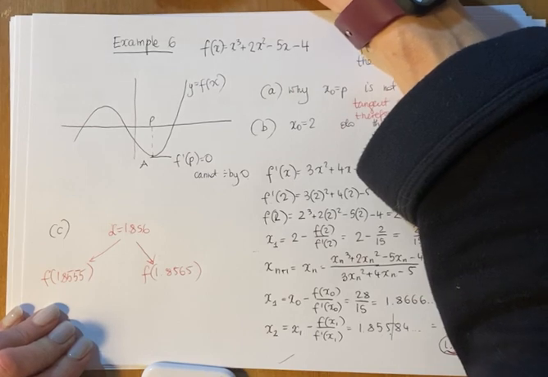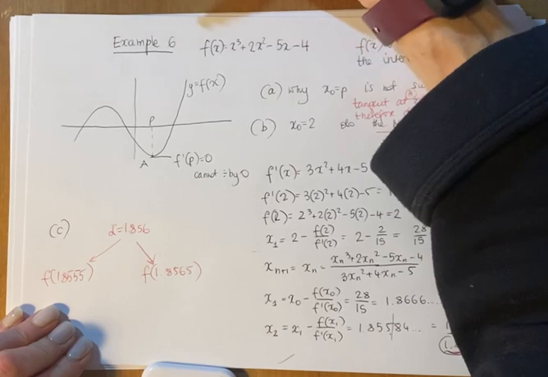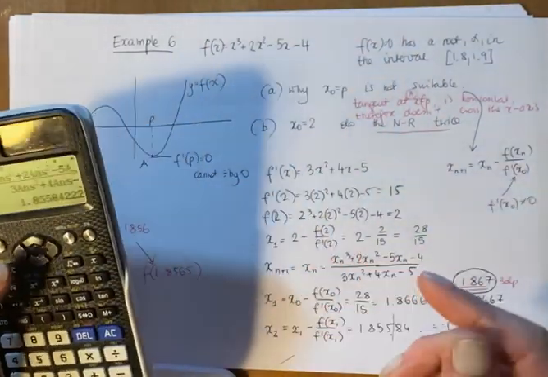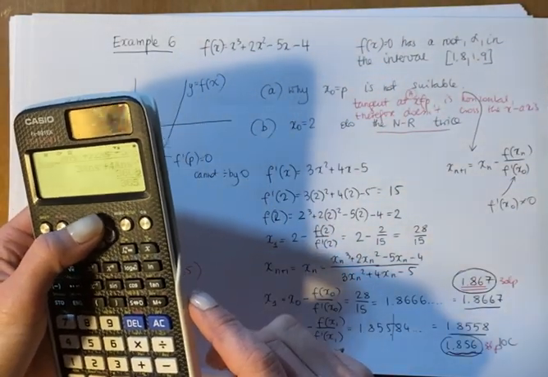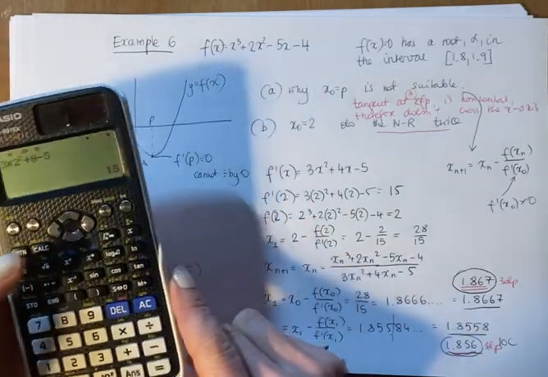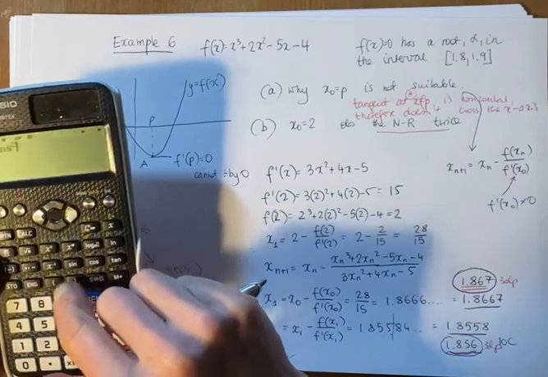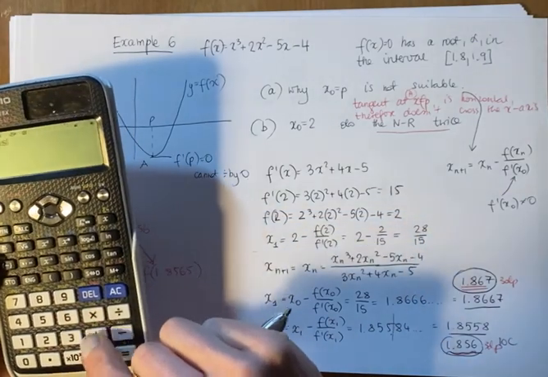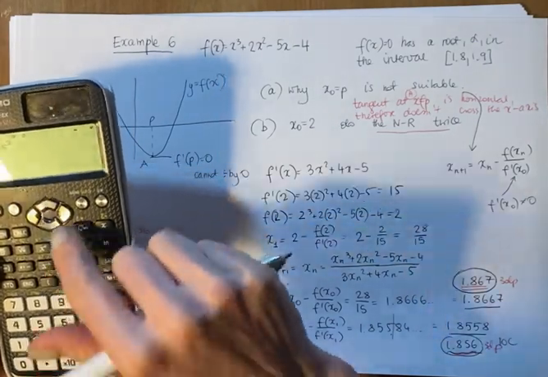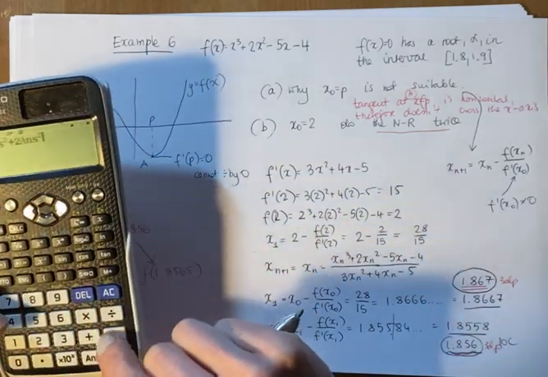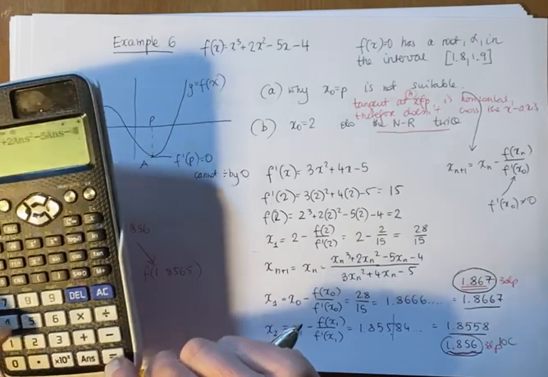So testing that these agree, anything between those 2 values will round to 1.856. Let's pop the function in: x cubed plus 2x squared minus 5x minus 4.